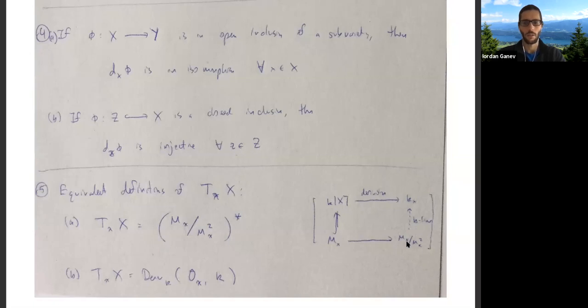Like so, and then one must show that any derivation gives you this. What I've shown you here is a map from derivations to the dual of this vector space, but you can also go the other way, and so that's an equivalent definition. And the other equivalent definition is as derivations from the local ring at little x to k.